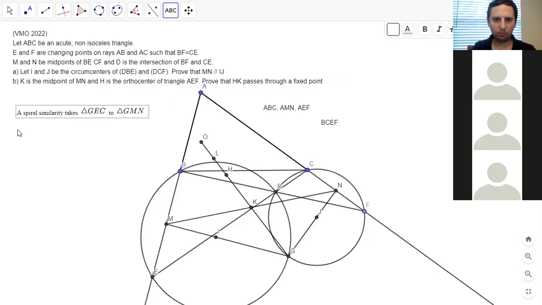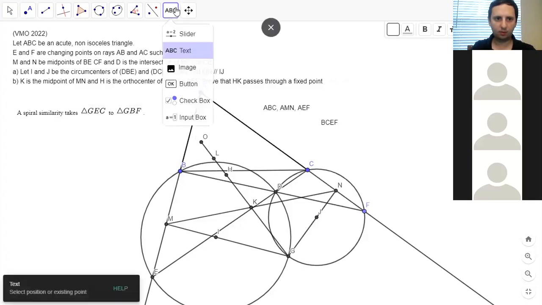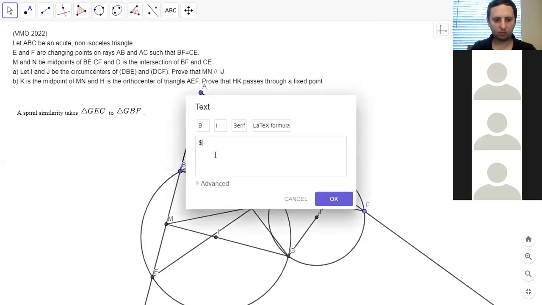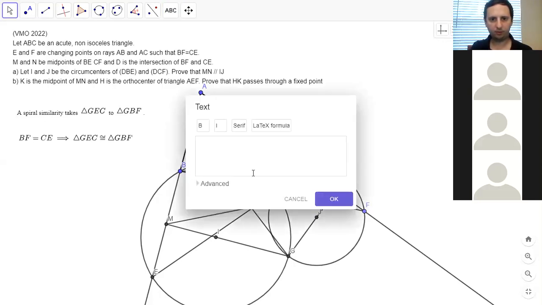Oh no, I'm sorry, BEC. Yeah, BF, no, GBF. So BF equals CE means that GEC is congruent to triangle GBF. So GBE and GCF are isosceles.